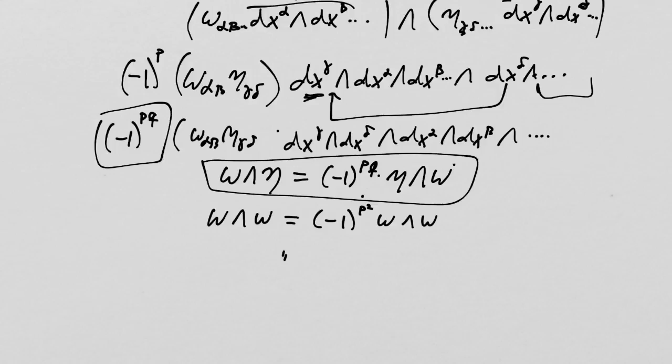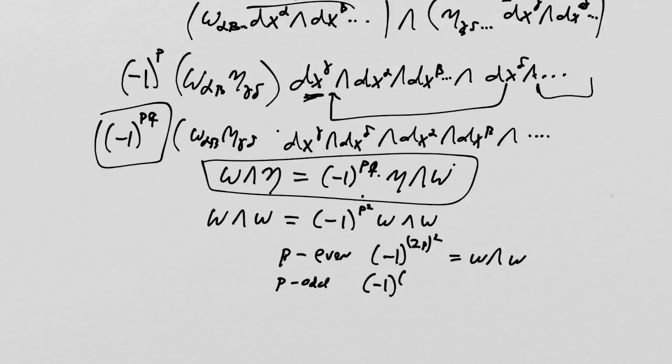So if p is even, then that becomes minus 1 to the 2r squared, which is going to be even, which equals omega wedge omega again. And if p is odd, it'll be minus 1 to the 2r plus 1 squared, right? Which is actually always going to be odd, right? That's always going to be odd. So that will be minus omega wedge omega.